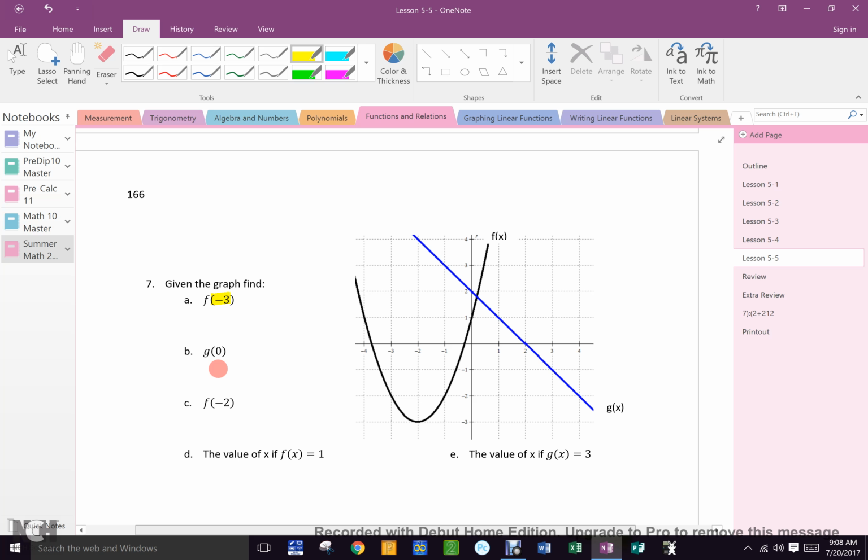It's an x value. On which line? The curve. So I need to go out to the f of negative 3. There is negative 3 because there's the x. And I need to find the output on the curve. Where is it? Right there. Negative 2. Is everybody good with that?